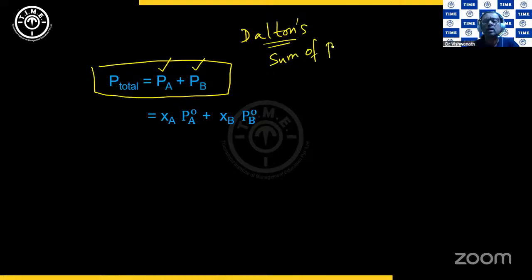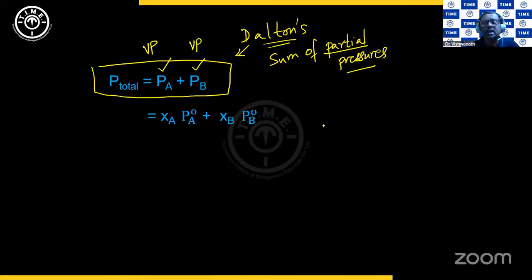The same idea has been borrowed from Dalton's law and applied here for Raoult's law. Dalton's we said was gas in gas, Raoult's is for liquid in liquid. So the total pressure, PA plus PB, is exactly borrowed from Dalton's law, right? Whereas these are vapor pressures, those are partial pressures of the gas. These are vapor pressures of the two liquids.